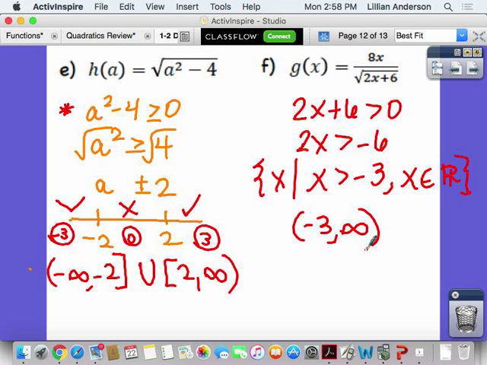When you have a square root, just a square root, you set what's underneath the square root greater than or equal to 0. But if you have a square root in the denominator, it's what? Just greater than 0.